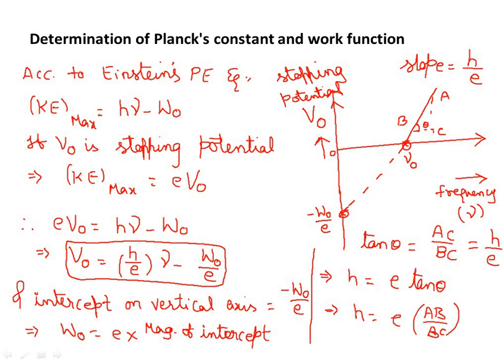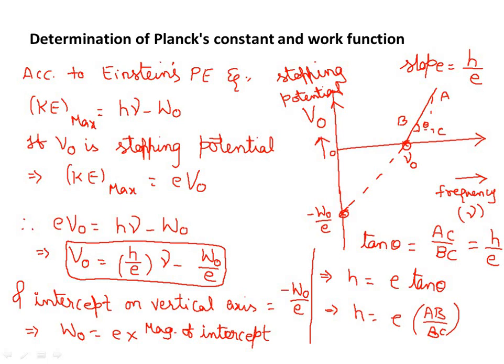So for one particular metal, if we plot a graph between frequency and stopping potential, not for all frequencies does the photoelectric effect start. From one particular frequency, which we call nu naught, the threshold frequency, it is a straight line having a slope, which I am calling theta.